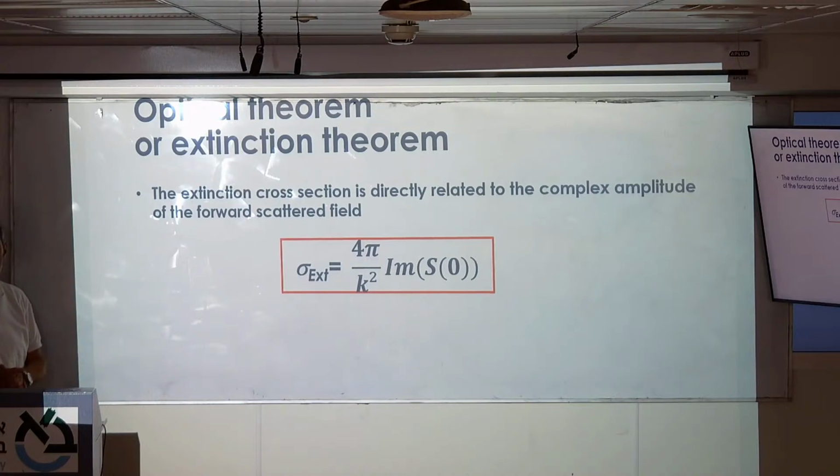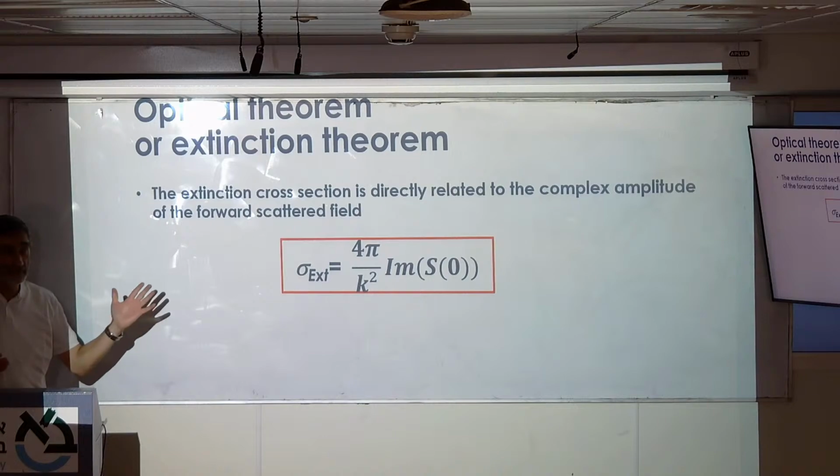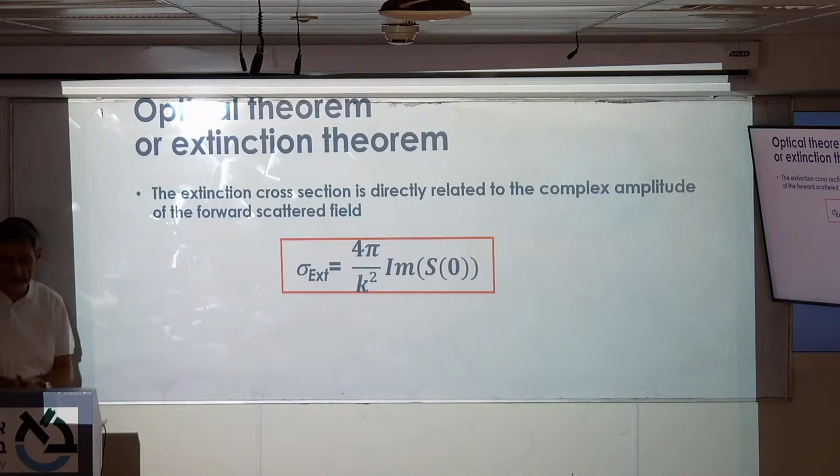Here it's an interference effect. So the extinction process is not due simply to the blocking of the wave by a geometrical obstacle. It's an interference phenomenon between the incident wave and the wave which is scattered in the forward direction. Only this one will interfere with the incident wave, because they are in the same direction.